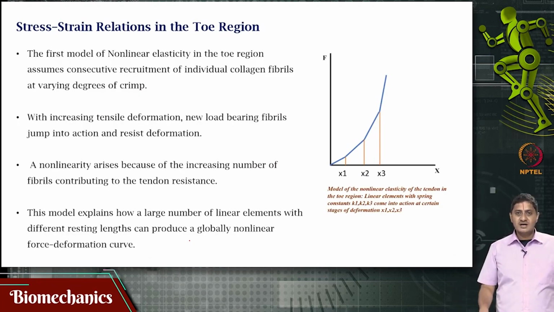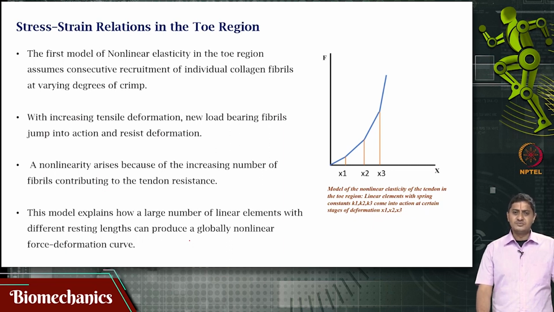A question is, how do we model the relationship between stress and strain in the toe region or in the non-linear elastic region? There are different ways of modeling non-linear elasticity in the toe region.